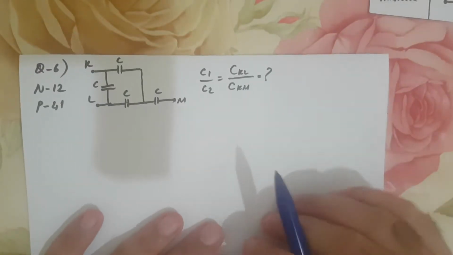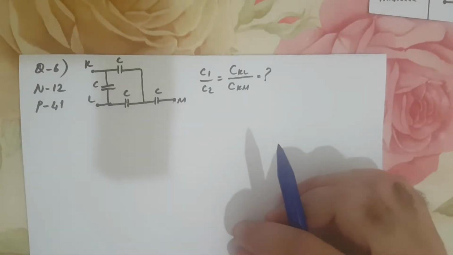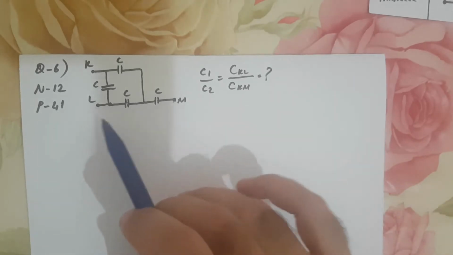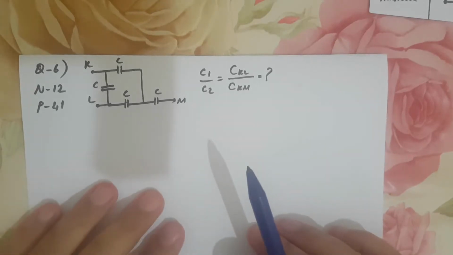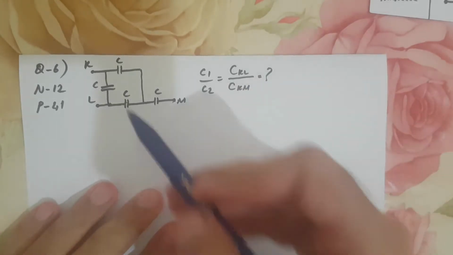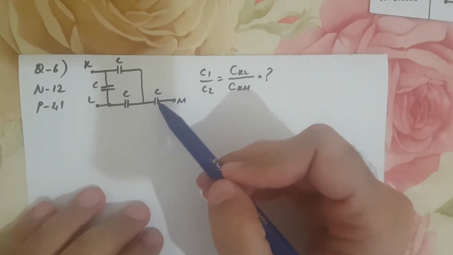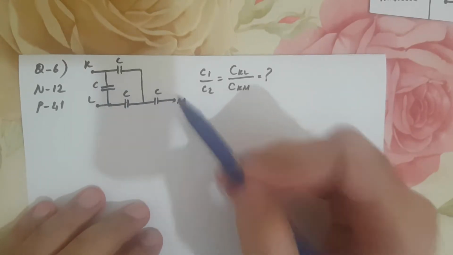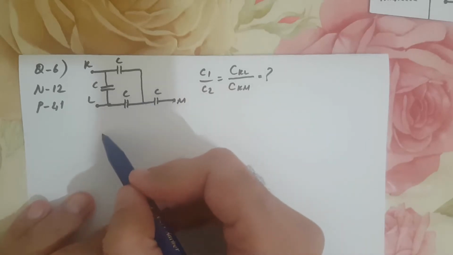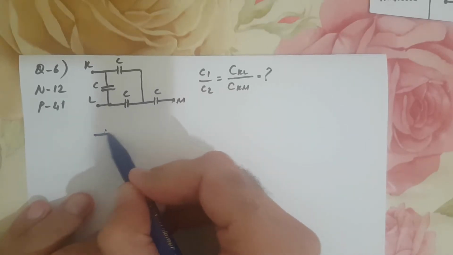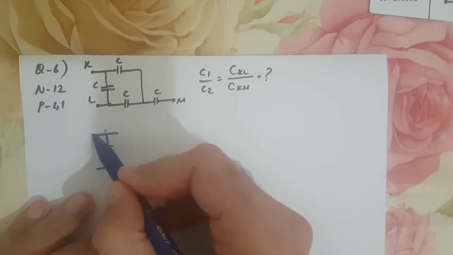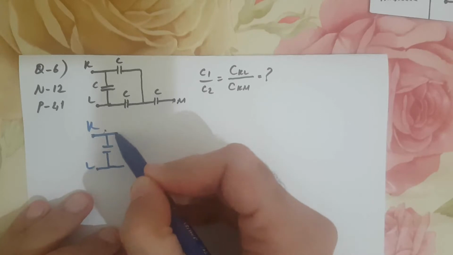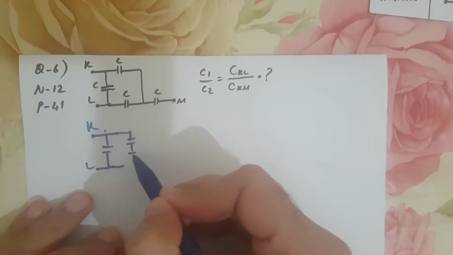Okay, what about the next? Here again, the equivalent capacitance between KL or KM. This one is important. Why? Because if asking for KL, this one is not related with KL, so this one is cancelled. Another one becomes like that. You may be confused to understand this circuit, but we can write it like that.